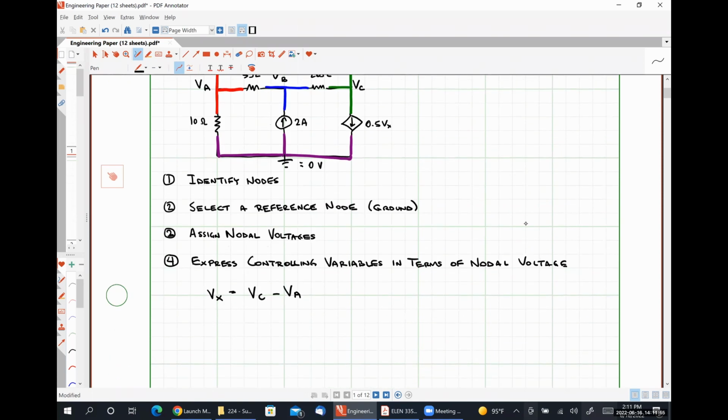Our next step will be to perform Kirchhoff's current law at each non-reference node.